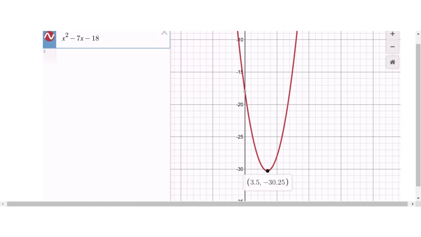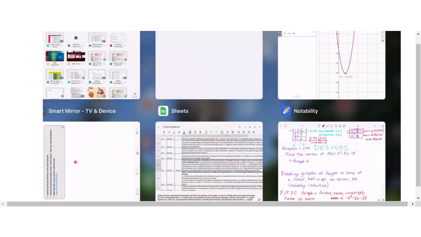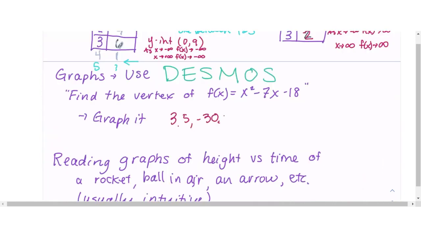You don't have to do anything fancy. If you want to download the app, you can, or you can open up another tab on your computer and it works super slick. All right. So it was 3.5 and negative 30.25. So easy.